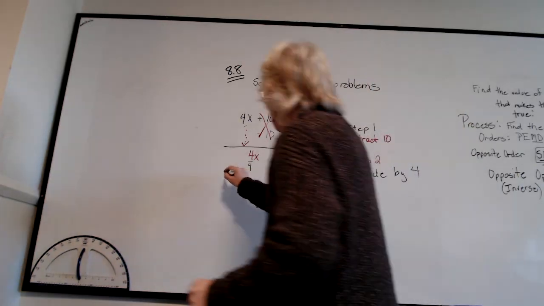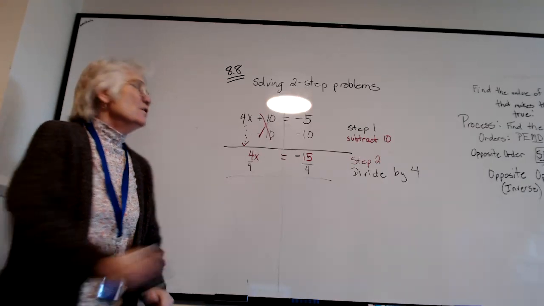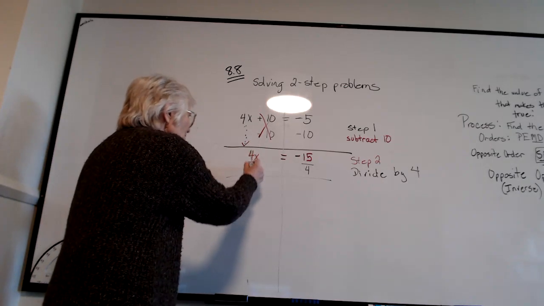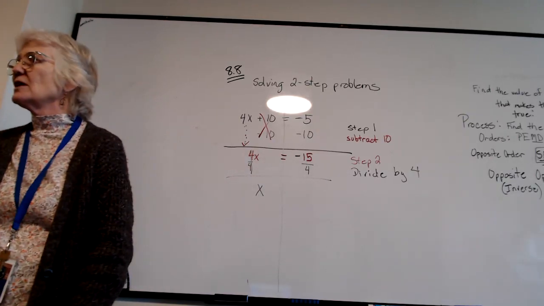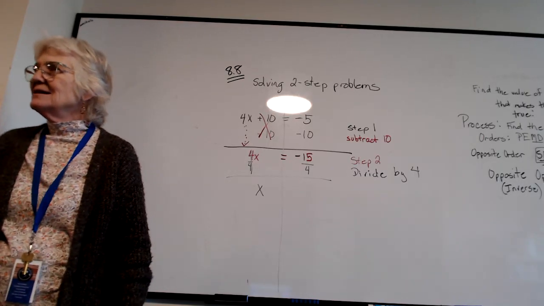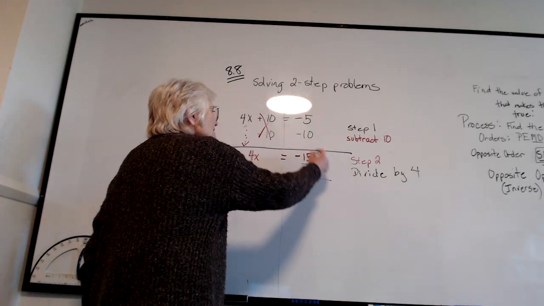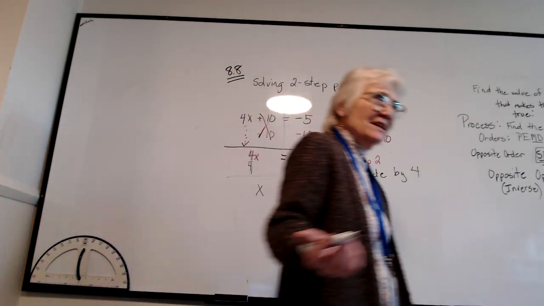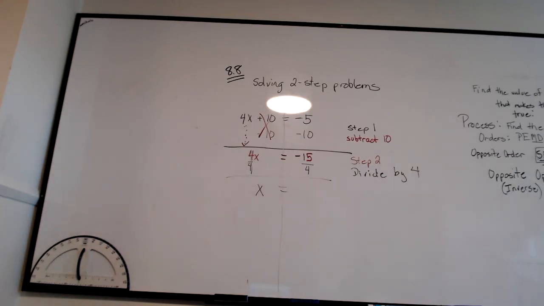So what I'm doing now is I'm actually going to go through and do the division. 4 divided by 4 is 1, so this gives me just a 1x, which is what I wanted. I wanted x all by itself. Okay. Equals, this does not divide in evenly. 4 does not divide in evenly into -15.